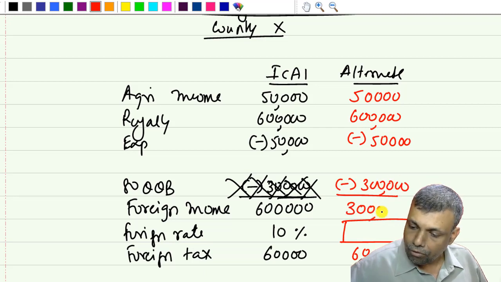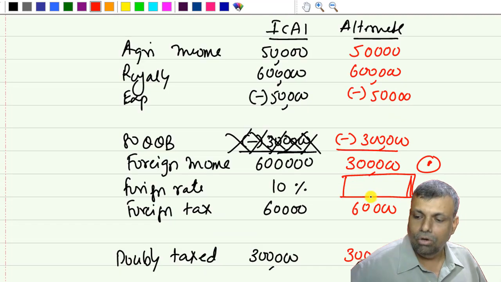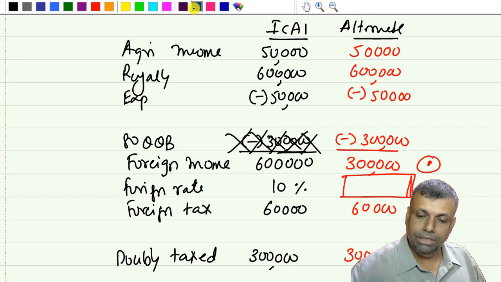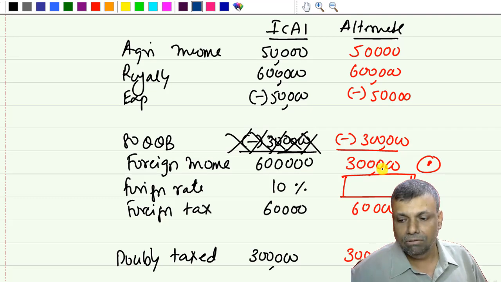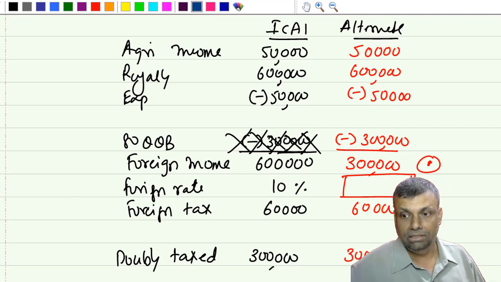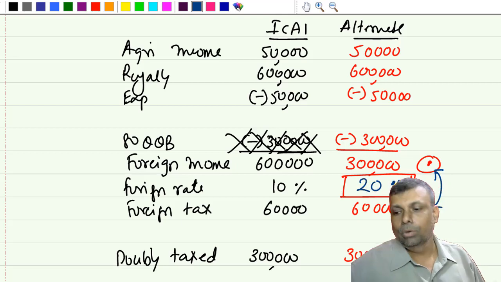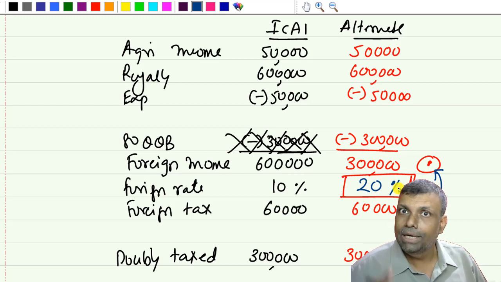So your foreign income as per the Indian law is 3 lakhs of rupees, for which you are paying 60,000 of tax. So now when I take out a percentage out of this, I get 20%.